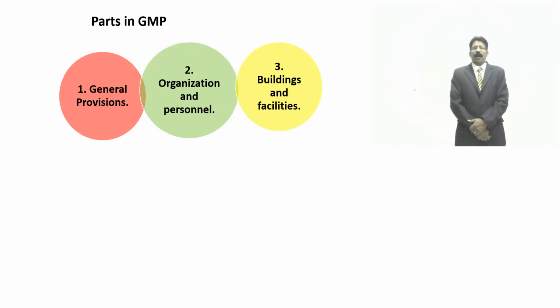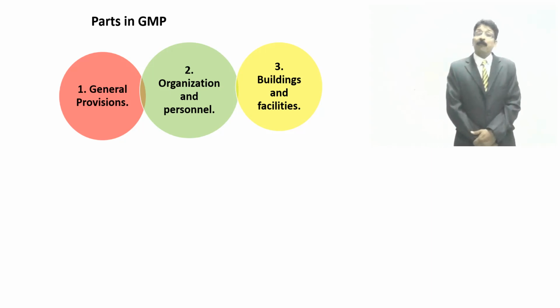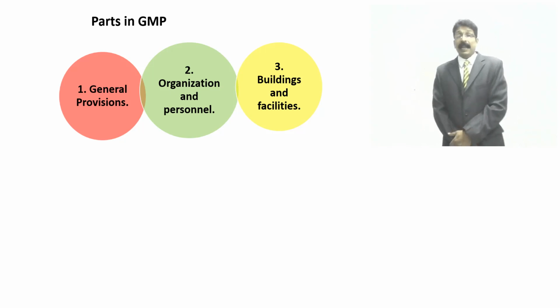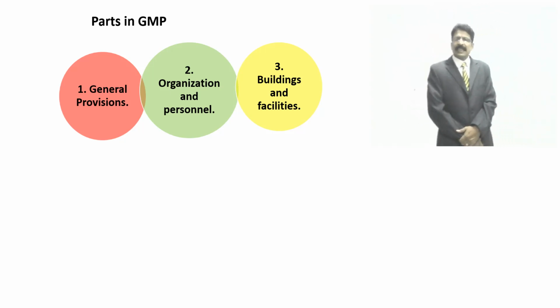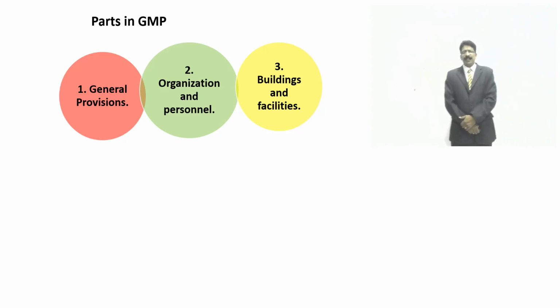And number three, building and facilities: how the building structure should be, what the plan should be, and what should be maintained in a building constructed for a pharmaceutical manufacturing and production industry.